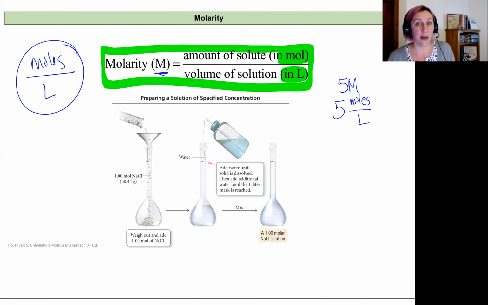Either one is fine. I personally prefer 5 moles per liter because it signifies to me how I can use concentration as a conversion factor, which we have to do a lot. And if I see a big M, I sometimes will forget exactly what tools I have at my disposal in a conversion. I'll forget that I can use concentration to convert between an amount of something and a volume of something.